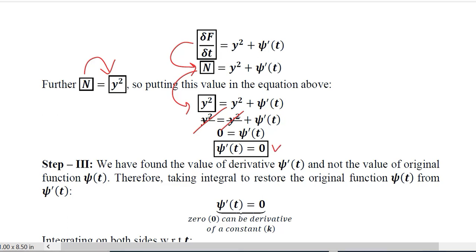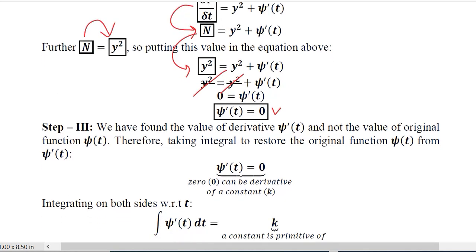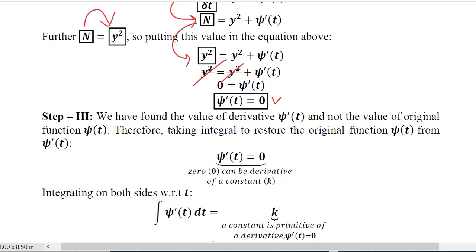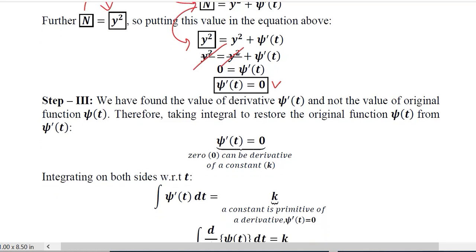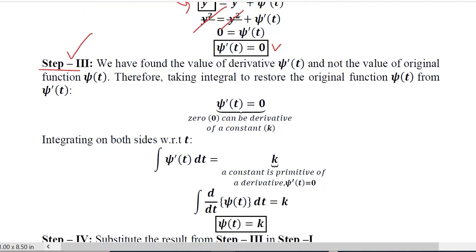So if the psi bar t is equal to 0, we can get to the value of psi t as well. And for that, there is that next predefined step, which we have to remember the process of it. It tells us the same thing, that we have found psi bar t. We can find psi t simply by reversing the thing, that is reversing this derivative, that is by taking the integral.